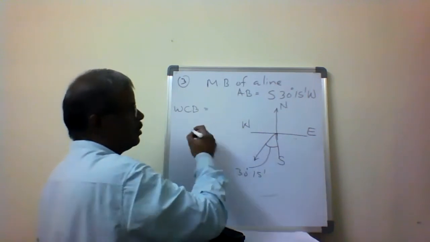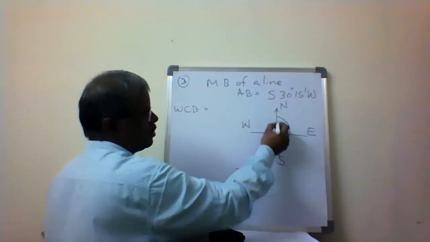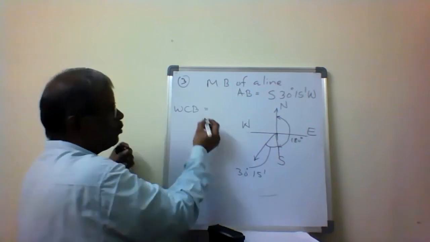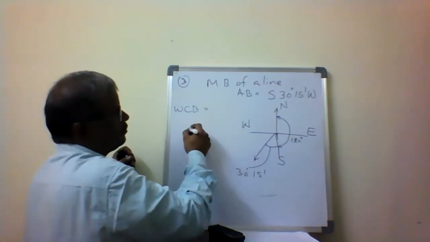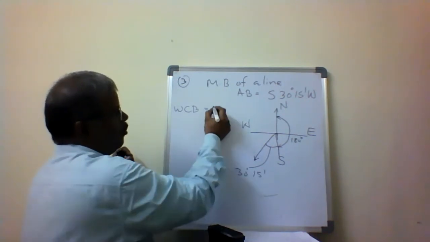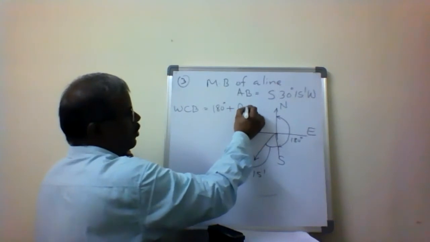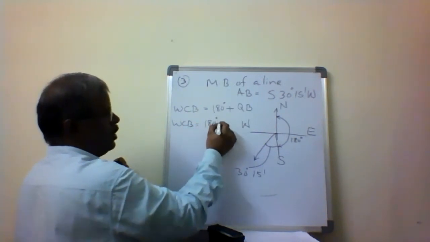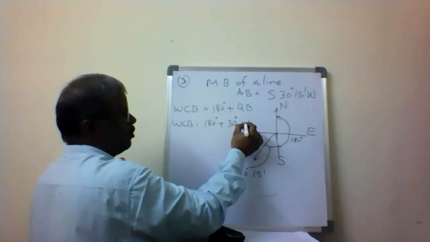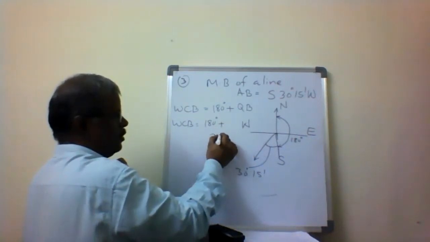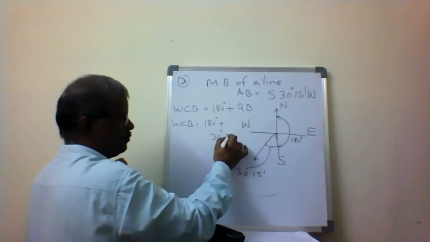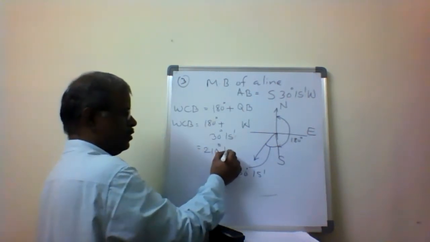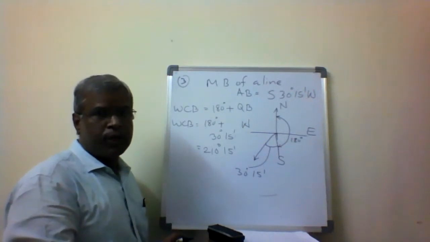The whole circle bearing is always 180 plus the quadrantal bearing. So 180 plus 30 degrees 15 minutes is 210 degrees 15 minutes.